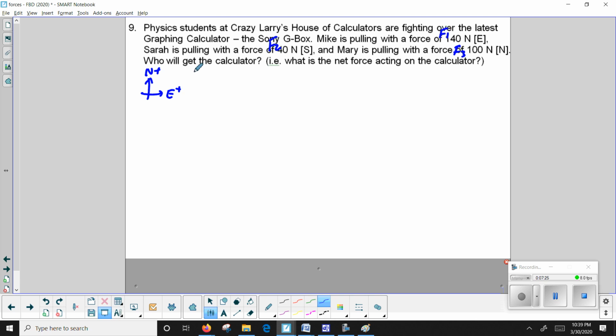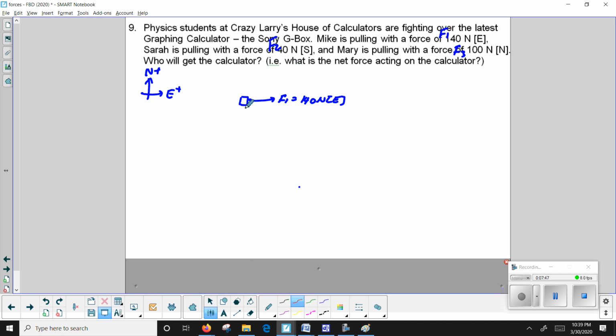Okay, so let's see what we have here. Free body diagram. So in here we've got 140 newtons to the east. So put that in here. This is F1, 140 newtons to the east. I also have another force here. This one is going to the south.